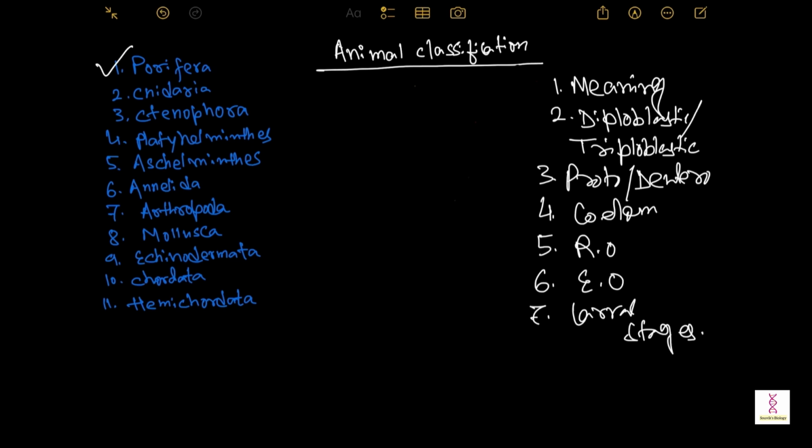Porifera means pore. We all know what is the meaning of pore. In Porifera phylum, example Scypha, sponge, the pores are present in the body, so the name is Porifera.